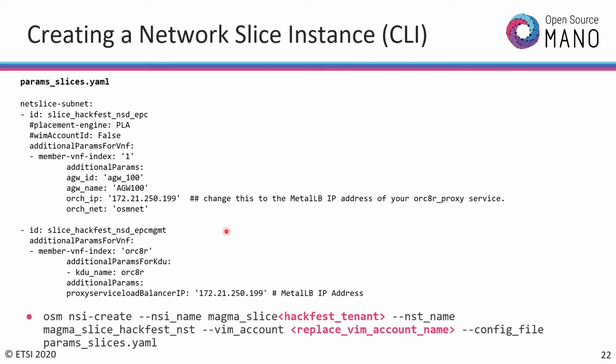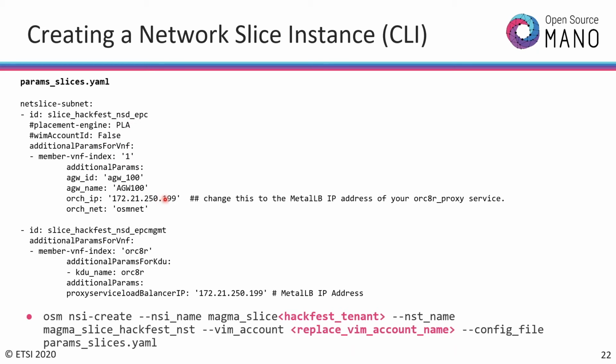So previously, when you were launching your network service with a script, as you remember, you instantiated a network service first with the orchestrator, waited some seconds, and then instantiated another network service with the gateway, passing the IP that you put here for the proxy service load balancer, to register the APC there.